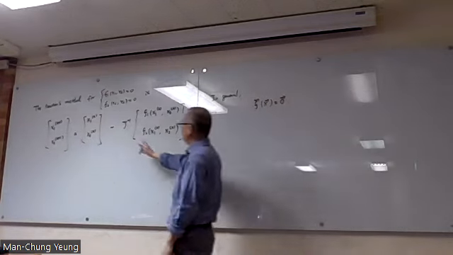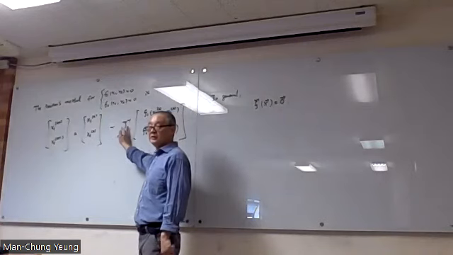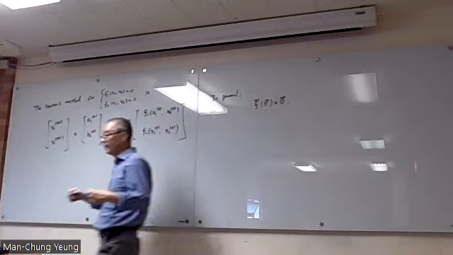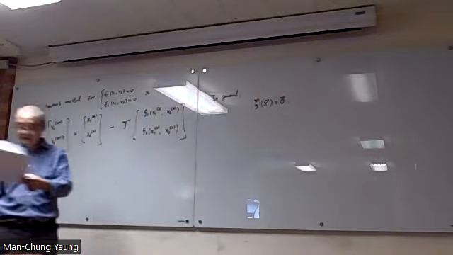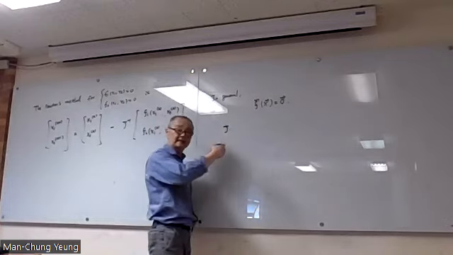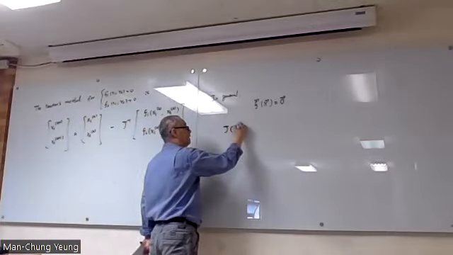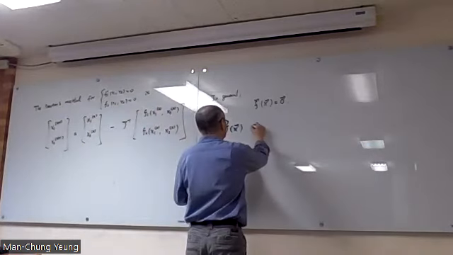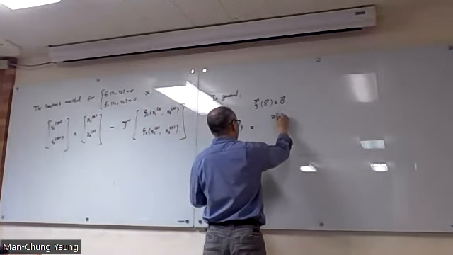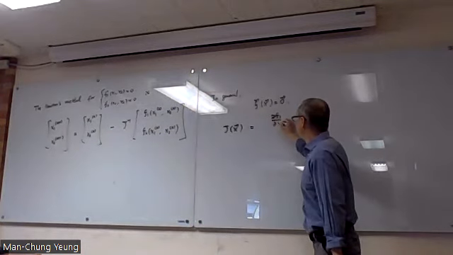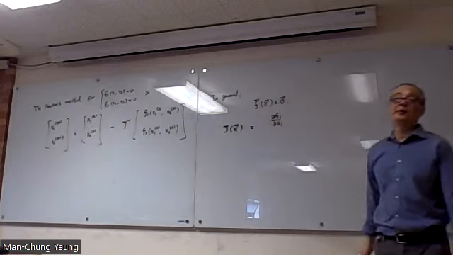Now, let me introduce the Jacobian matrix for a general case. Of course, this depends on x. It is the partial derivative of the first function with respect to the first variable.